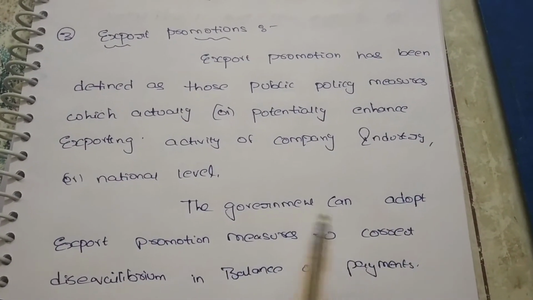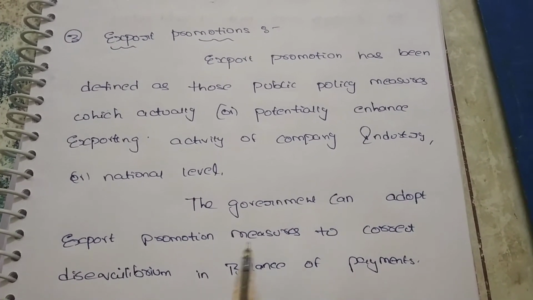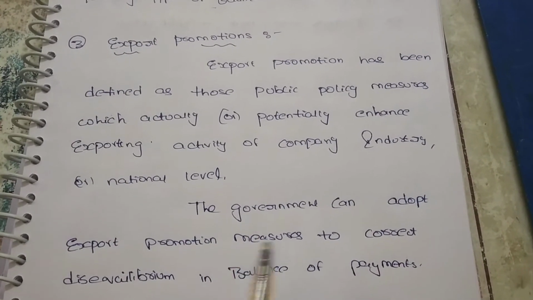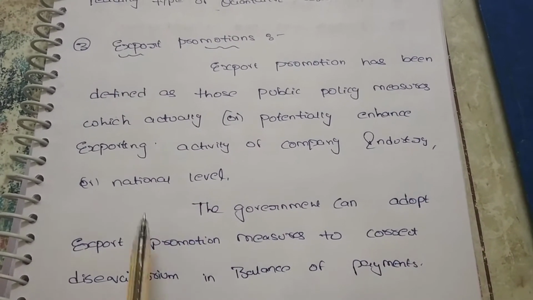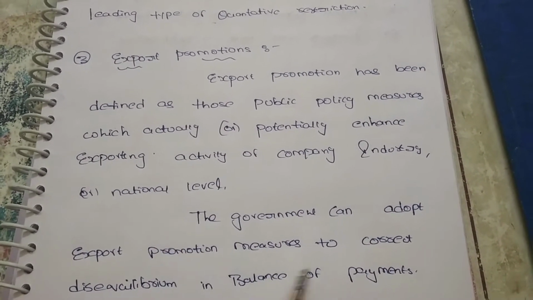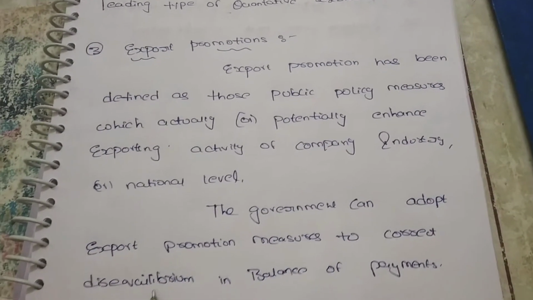The government can adopt export promotion measures to correct the disequilibrium in balance of payments. The government adopts the export promotion measure based on our environment. They choose one particular set of policies and principles. We have to improve our exports and also control the disequilibrium in balance of payments. It is also one of the important measures.